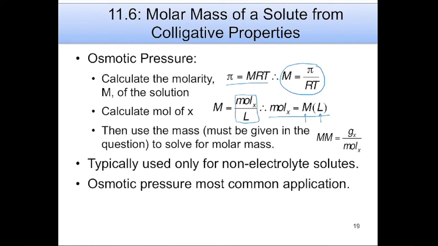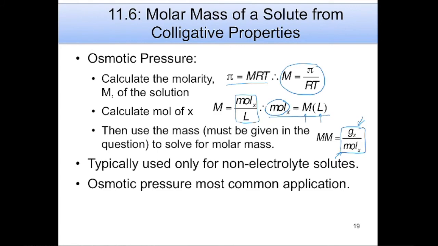And in the question you'd also have to be given a mass of solute that was added to the solution. So if we end up here with moles, and molar mass is grams per mole, and we have grams in the question and we solved for moles, then just solving that equation is going to give us the molar mass.